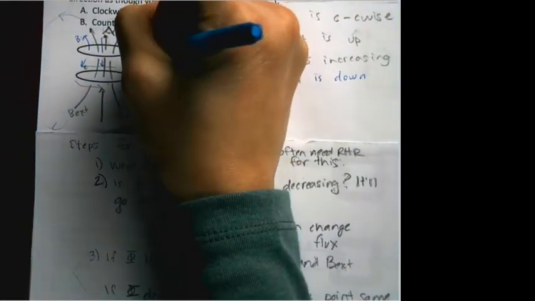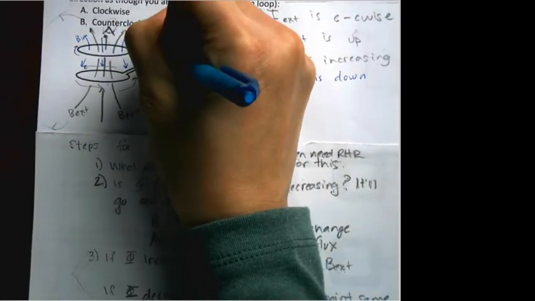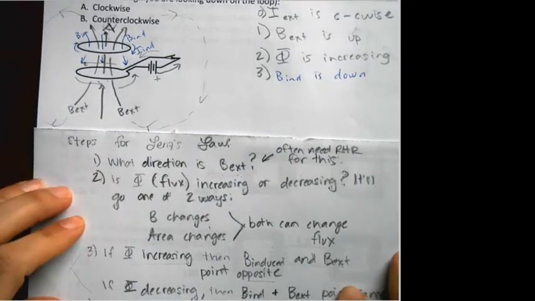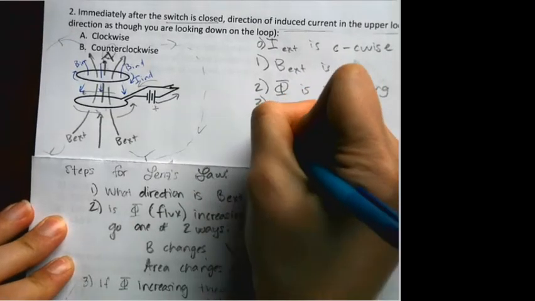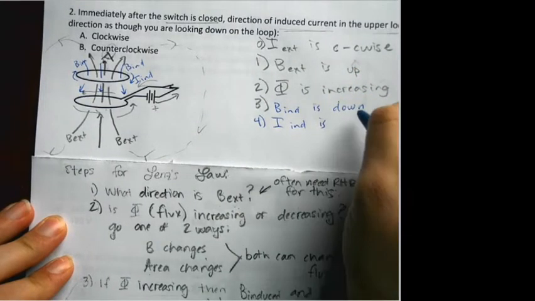I'll draw that here. So I induced looks like that. I skipped ahead, but the fourth step is to use the right hand rule to figure out the direction of I induced, and we just did that. So I induced is clockwise.